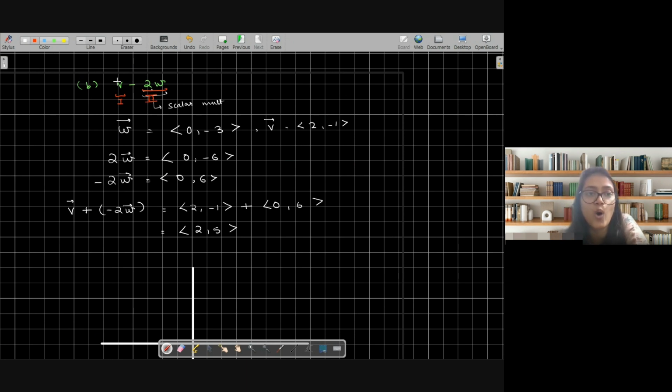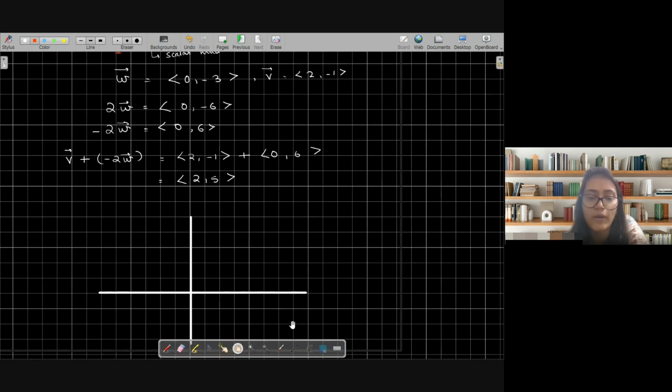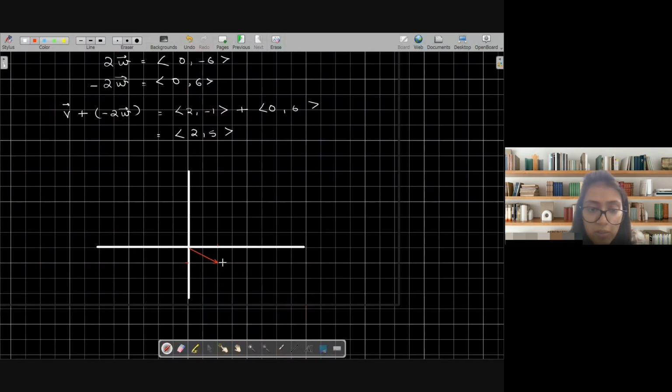So first we draw vector v, (2, -1). So this is 2 and this is negative 1. Draw the tip and tail as well. You only have to mark the tip, nothing in the tail. Just write the word tip here so that you don't get confused.